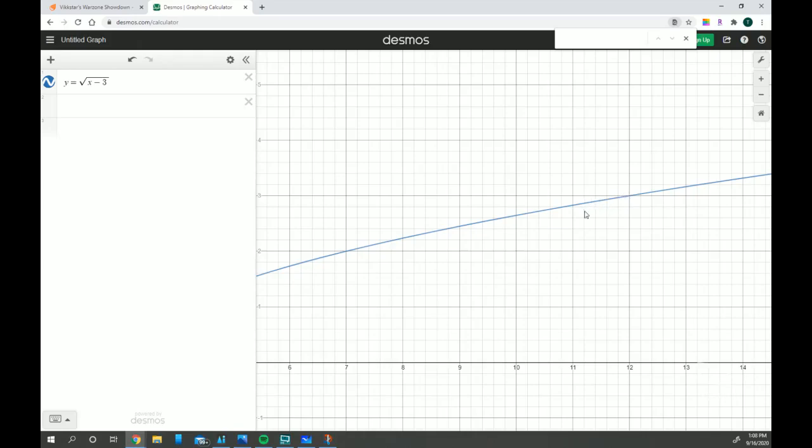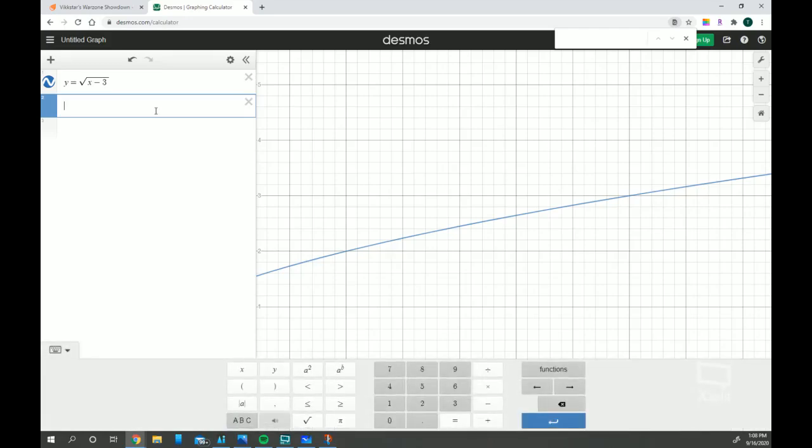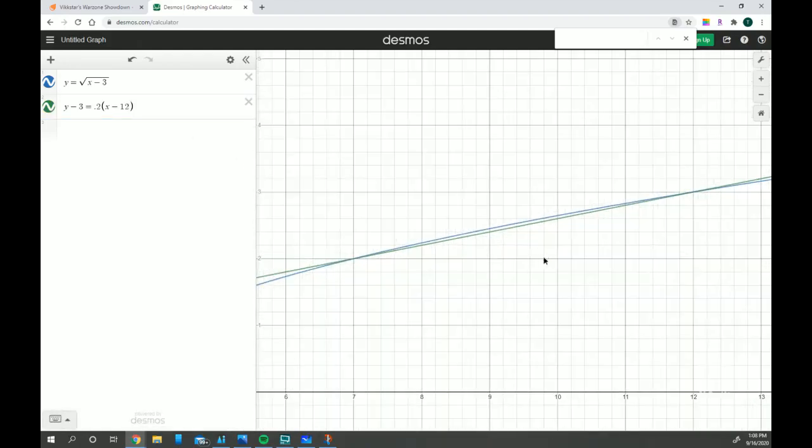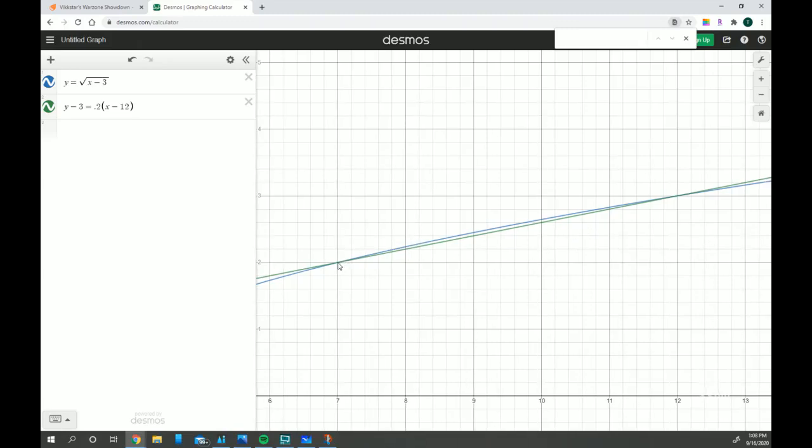If I did everything correctly, that's exactly what I'm about to get. 5 minus 3 equals 1/5, which is 0.2, times x minus 12. How did we do? Well, it's practically on top of it, but you can see that it goes through 7, 2, they both do, all the way up to 12, 3.